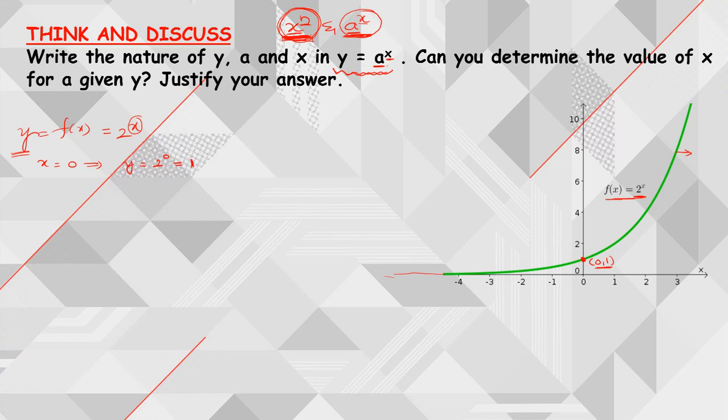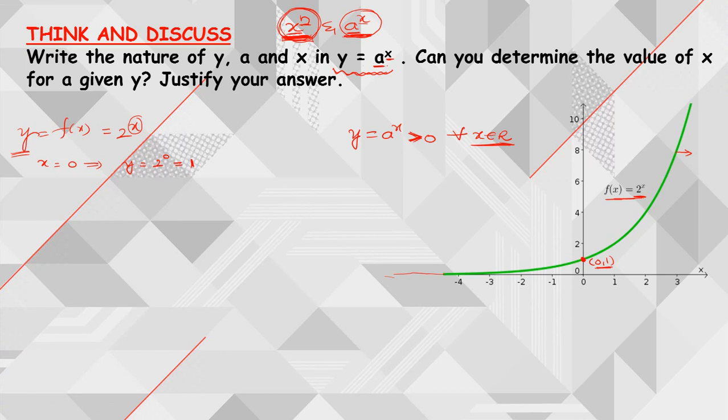If the graph is completely above the x axis, it means that it is not going to give negative values. So from this clearly I can say y is equal to a power x is always positive for all x belonging to any real number. If you consider x as any real number, then y is equal to a power x is always positive, right?